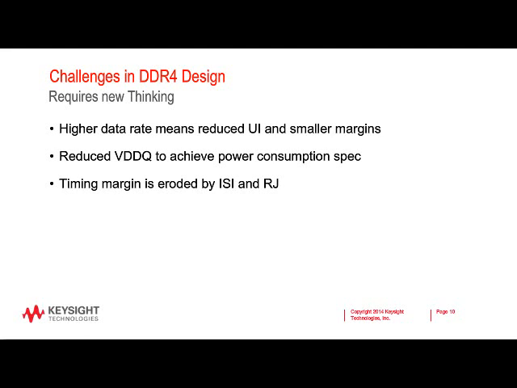The VDQ is reduced to keep the power consumption down, and that gives you more amplitude noise. So the timing margin is eroded by the intersymbol interference because the UI is smaller for a given channel impulse response, and the RJ is bigger as a ratio of the unit interval.